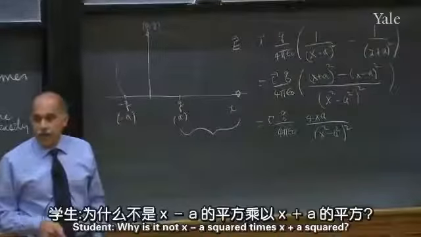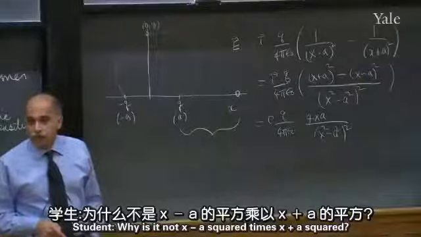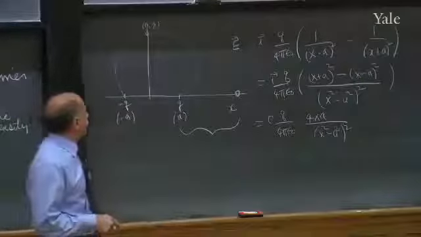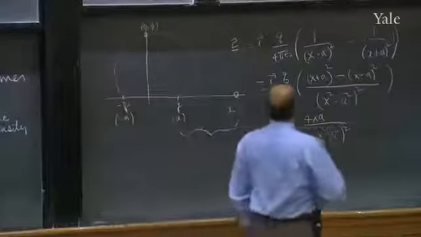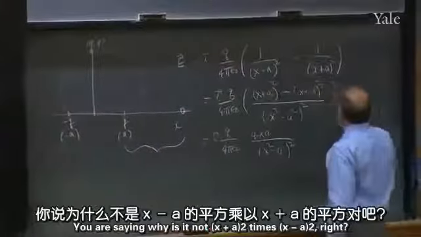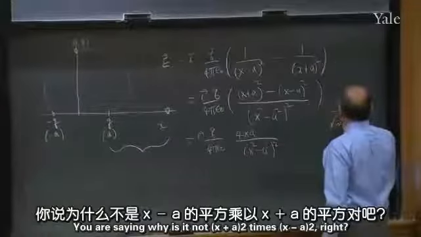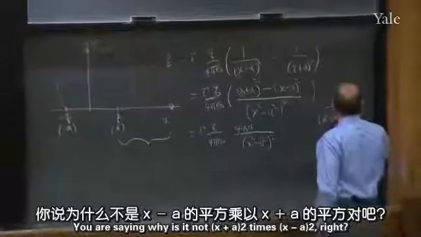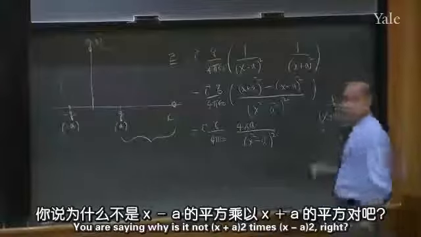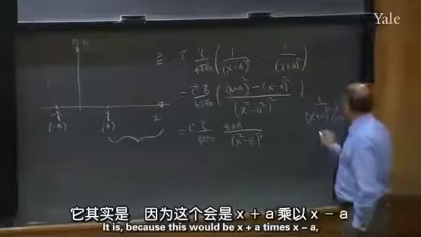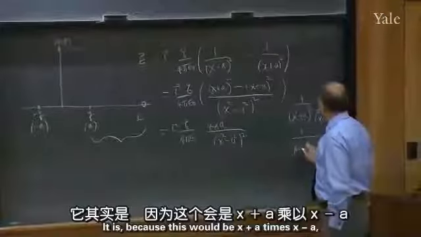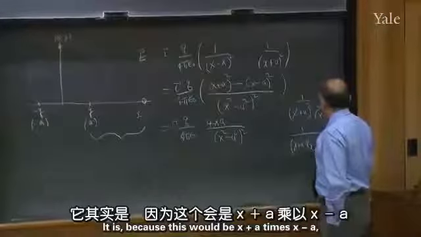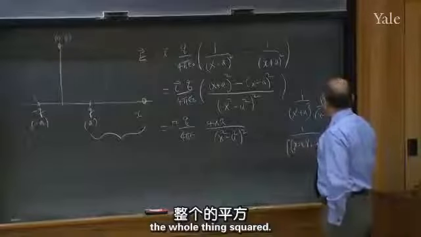Everything okay? Why is it not x minus a squared times x plus a squared? It is. You're saying, why is it not x plus a squared times x minus a squared? Right? It is, because this would be x plus a times x minus a, the whole thing squared.